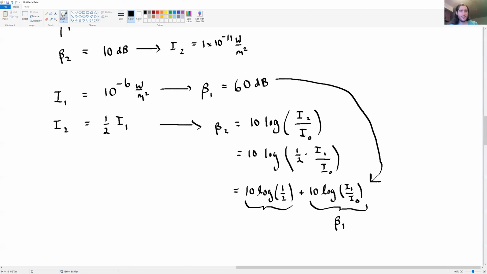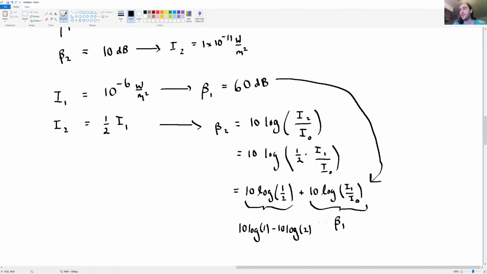So if I cut the intensity by a factor of 2, I cut it in half, I simply add log of 1/2 to the sound level. And log of 1/2 is a negative number, right? Because the log of a number which is less than 1 is a negative number. Another way of recognizing that is you could break this log down one more time into the log of 1, which is 0, minus 10 times the log of 2.